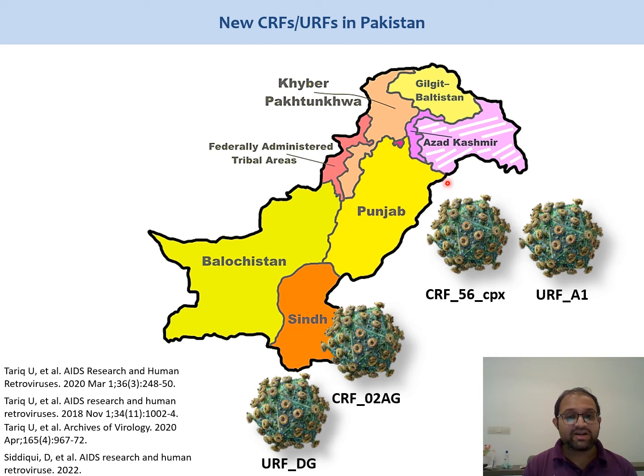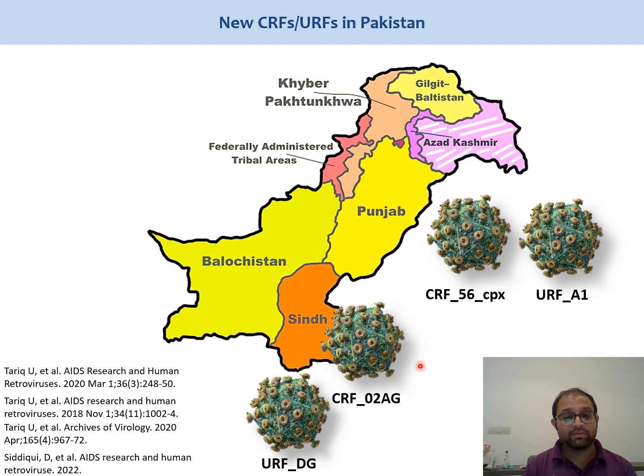So from Punjab, we have sequenced a CRF56_cpx. We have also sequenced URF A1, which is a unique recombinant form from an individual from Punjab. From Karachi, we isolated, amplified and sequenced URF DG. And from the investigation of the HIV outbreak in Larkana in 2019, we identified CRF02_AG in 15 individuals.